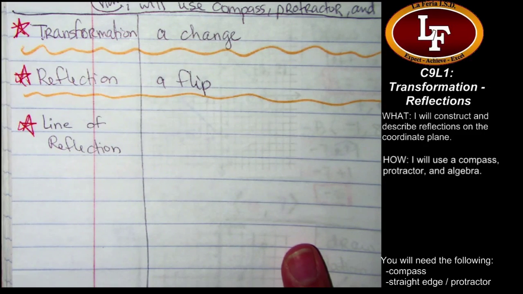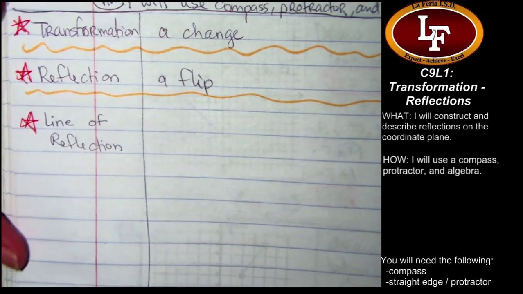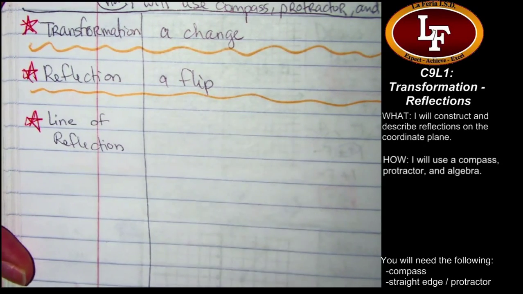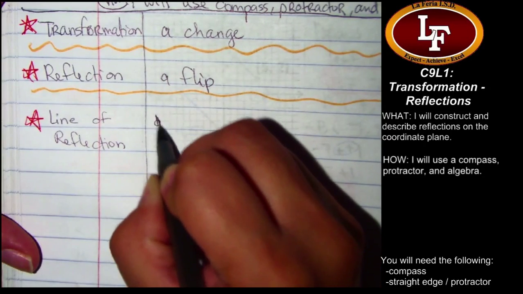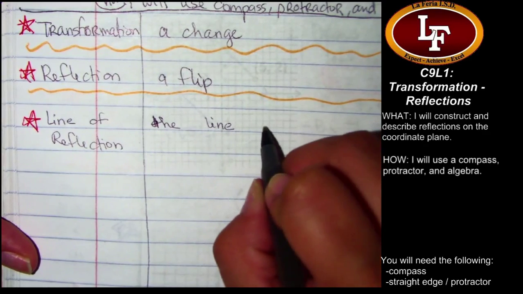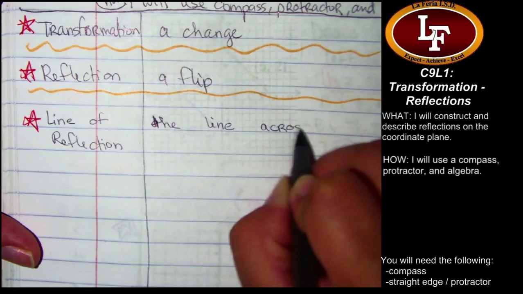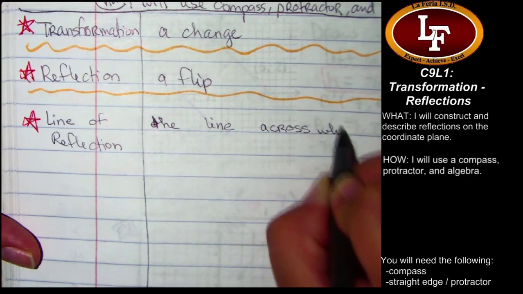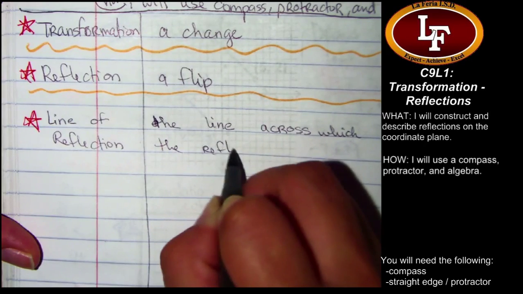But what is actually the line of reflection? The line that you were reflecting across. That is exactly what you were trying to say. Line of reflection is the line across which the reflection occurs.